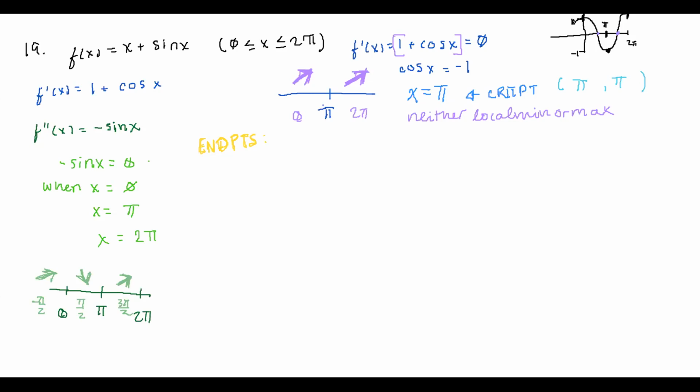For how to evaluate at endpoints? What is the reason I'm evaluating at the endpoints? Why do I care? Yes, I'm checking for the global mins and maxes. How do I compare?